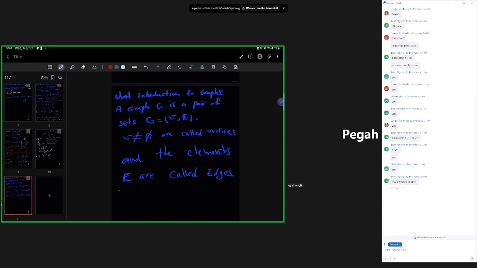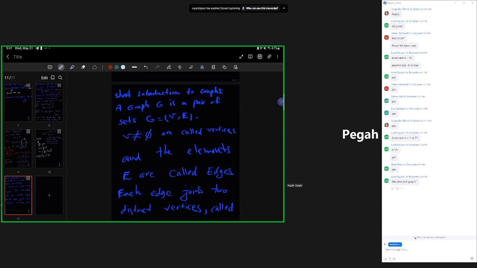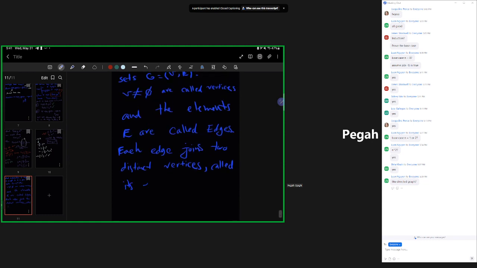So we can consider each edge joins two distinct vertices, which are called its ends, because it joins two distinct vertices.